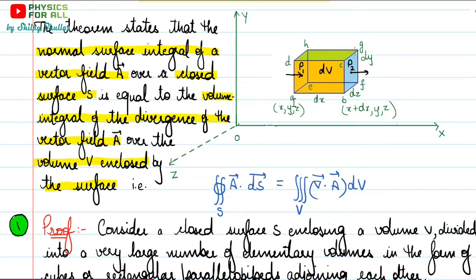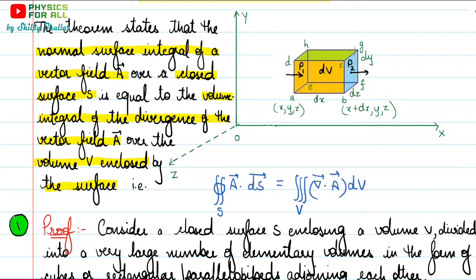And you can see that if this point A represents the coordinates x, y, and z, then point B would represent x plus dx, y, and z, because if you go from A to B, only the x coordinate is changing, there is no change in y and z.